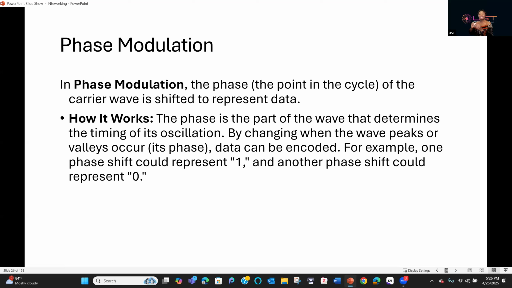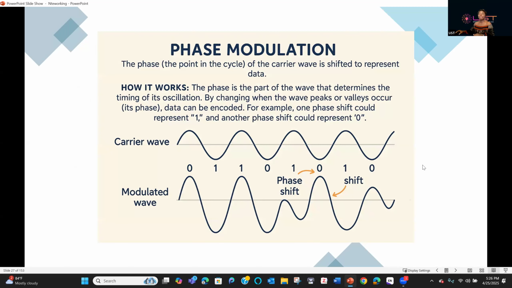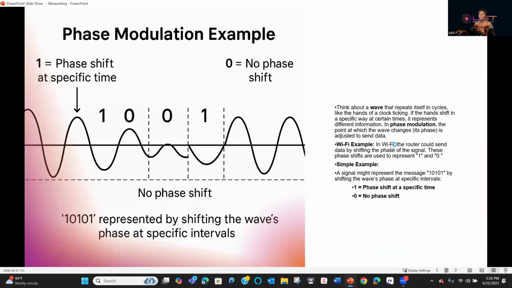With phase, data can be encoded. For example, one phase shift could represent 1, and the other phase shift could represent a 0. Still the concept of binary, and this simply tells us how it works.